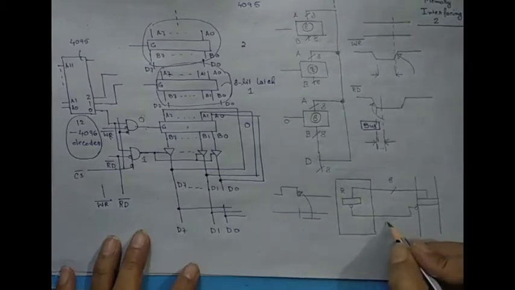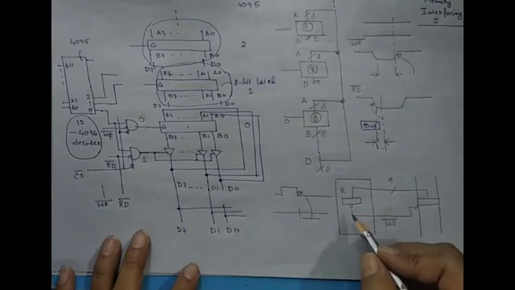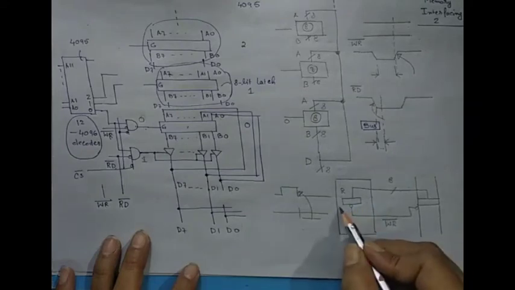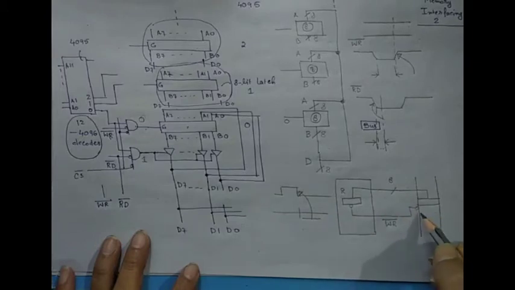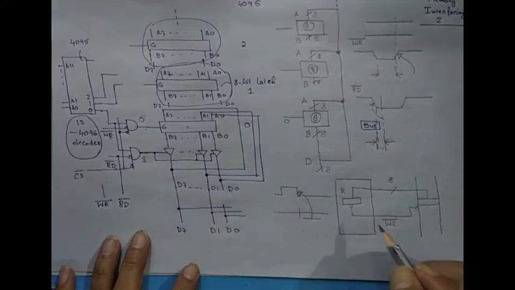Now say the operation is a write operation. Now what will happen? In this case we cannot say that write bar signal is acting as a read signal toward the register side. Write bar signal is acting as a write signal toward the memory side, but it is not acting as a read signal toward the register side.